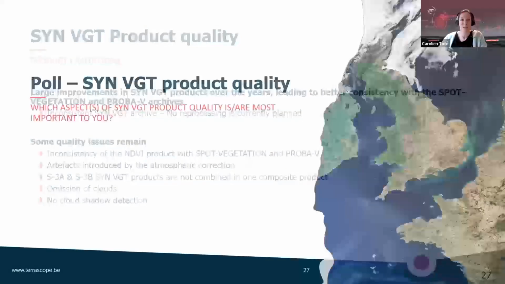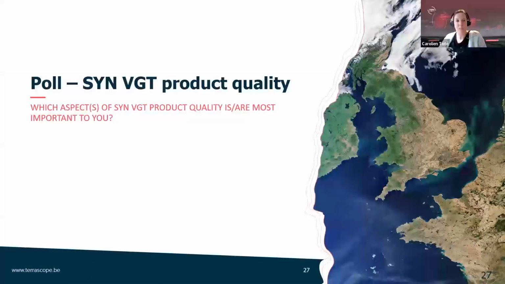So my next question, the third poll, is on this SYN VGT product quality. Which aspects of the product quality are more or most important to you? Is it the consistency with the SPOT-VGT or PROBA-V archives? Is it temporal consistency over the entire SYN VGT time series, which means that archive reprocessing is necessary?